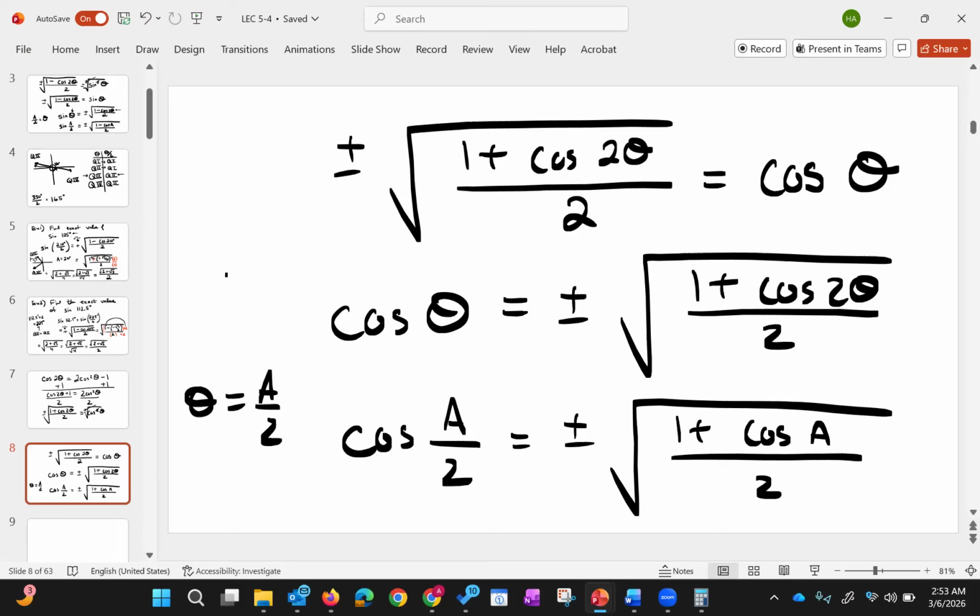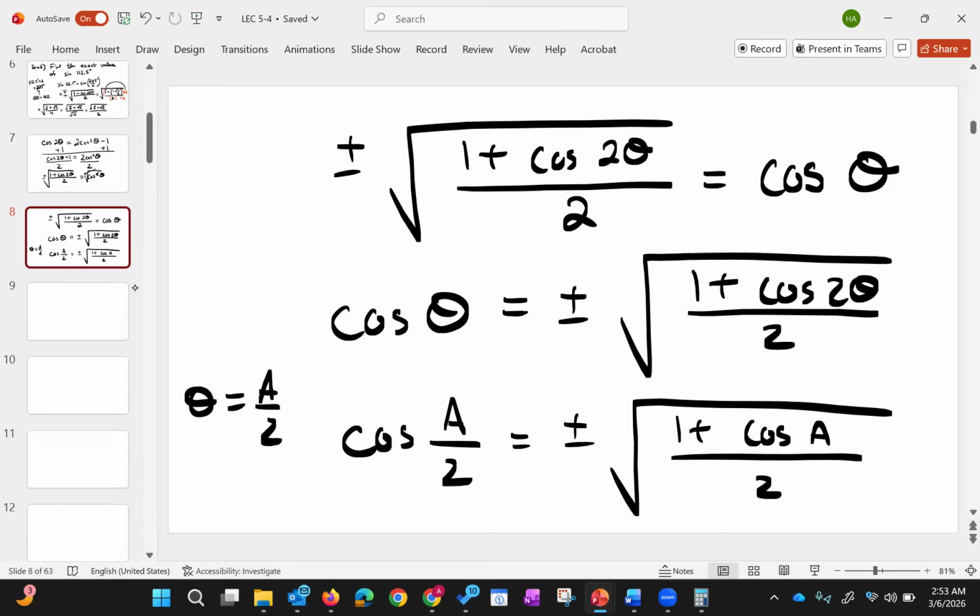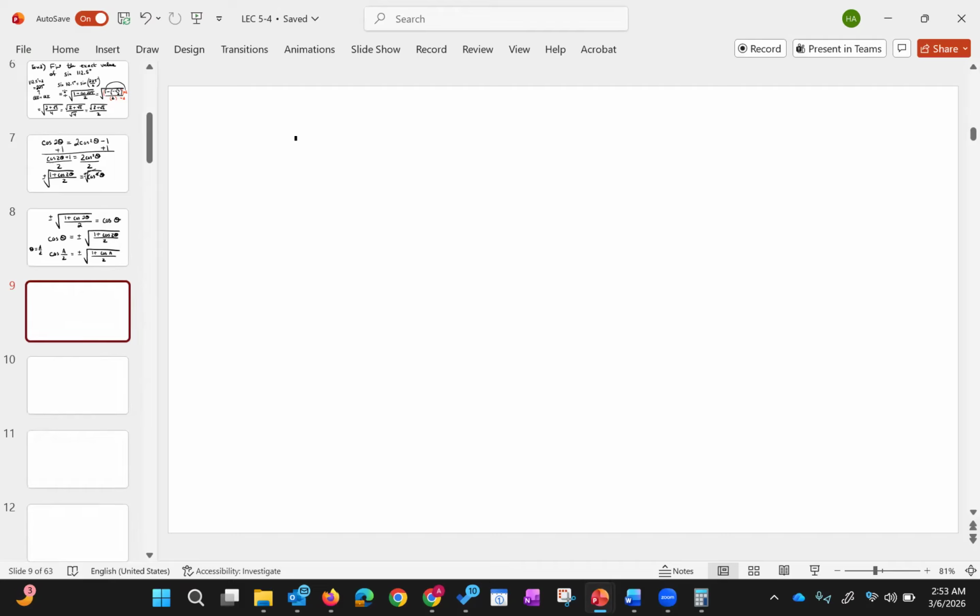There is a tangent formula as well. Let me write that down just so we have it. In fact, the half angle formula for tangent has 2 different formulas, depending on which one you want to use. We can develop this one on Monday if need be.